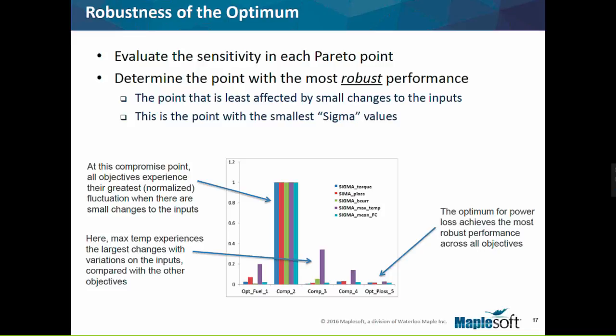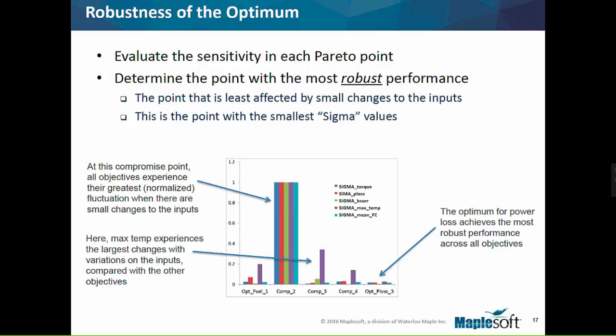That could easily push the temperature way over 315 degrees, and then the objective is no longer met. So we're looking to find the point with the most robust performance, which is robust to small design changes, so that if small perturbations of the design parameters happen, the performance of the system doesn't decrease below the design quality levels.